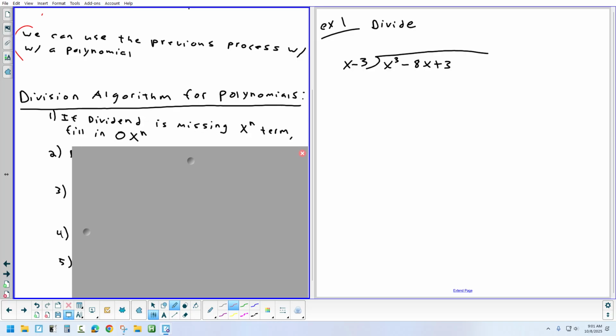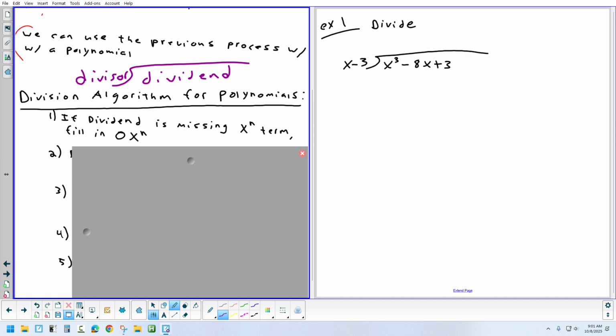If the dividend, just to be clear about that, dividend, divisor, that's the names of the two. If the dividend is missing any terms, you have to fill in zeros for the ones you're missing.